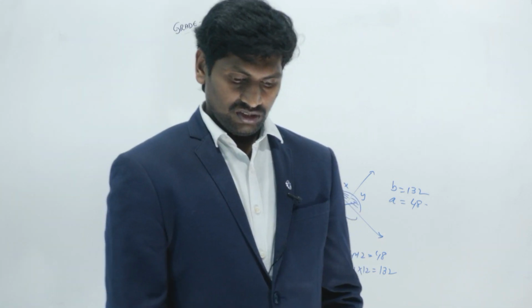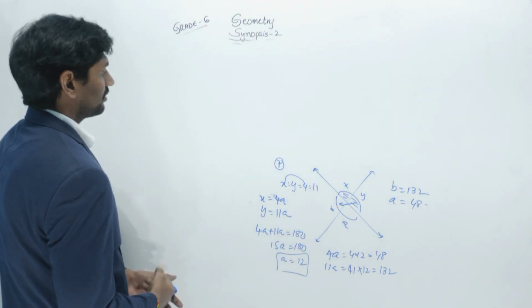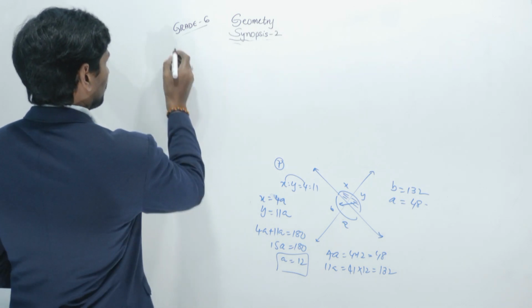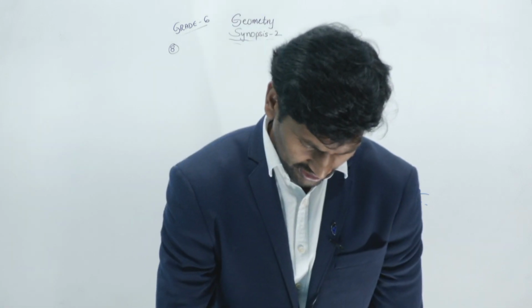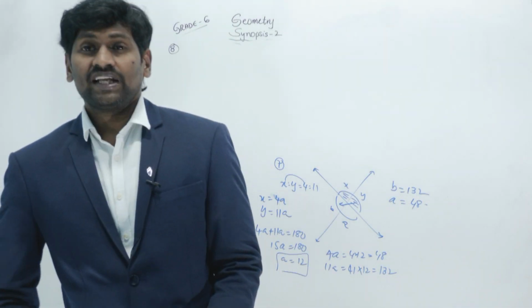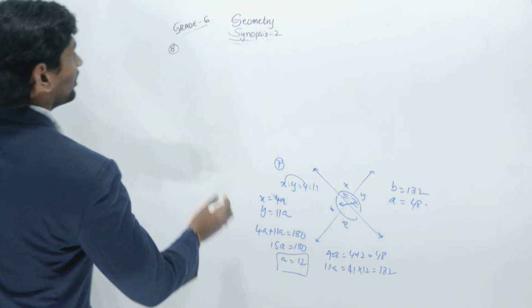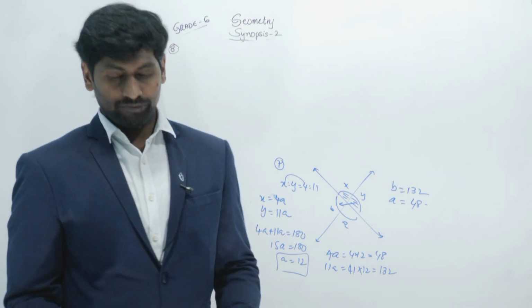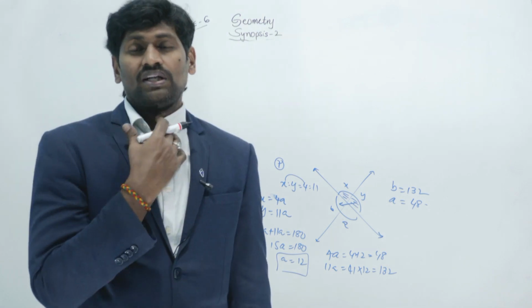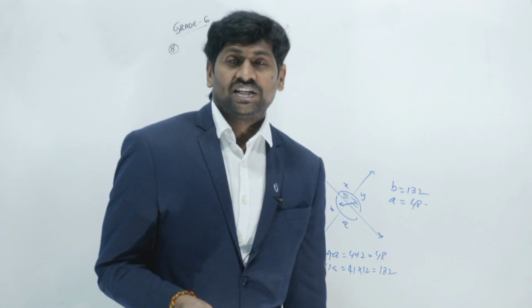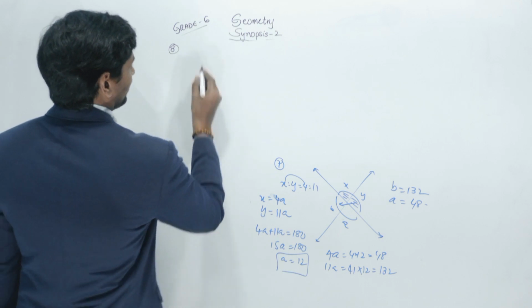Problem number 8. The eighth problem says: if two complementary angles differ by 40, then the angles are. We know that complementary angles are two angles whose sum is 90 degrees.